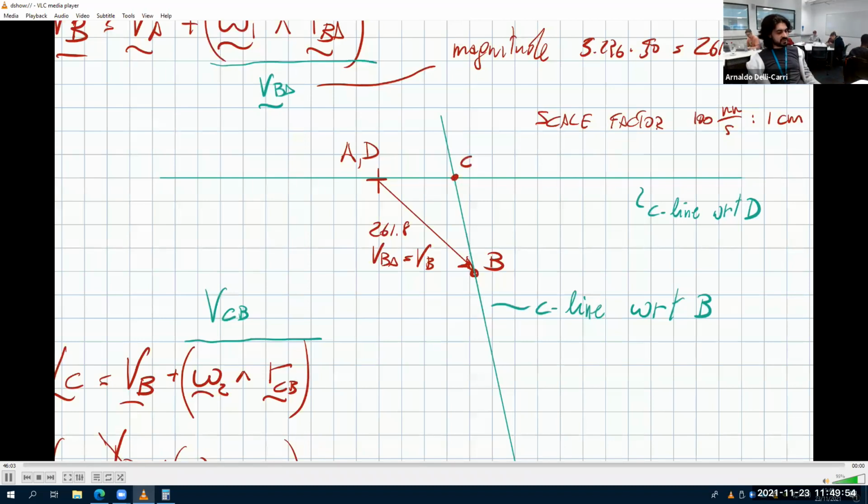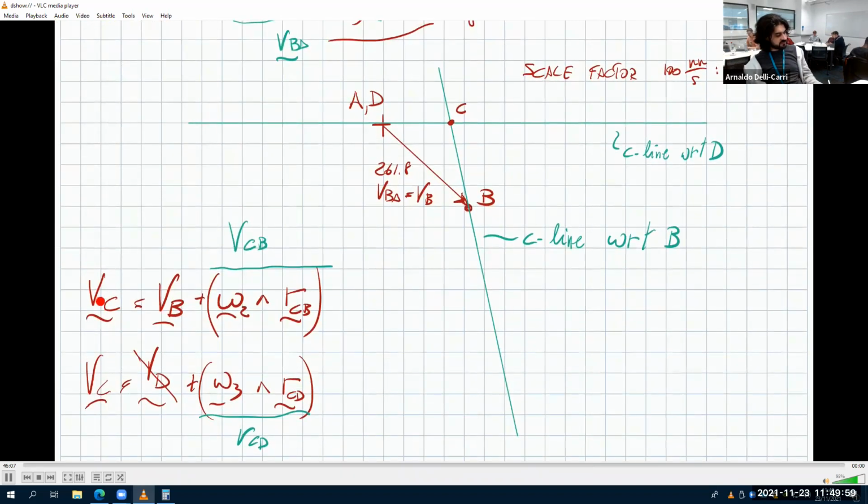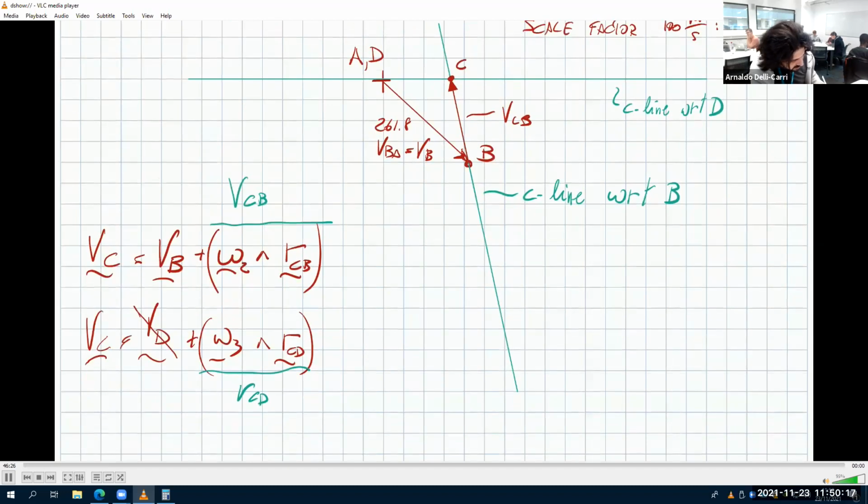And so what is VC? Well, looking at this equation, VC is VB plus VCB. This vector here is VCB. And from this one, we say that VC is just VCD.